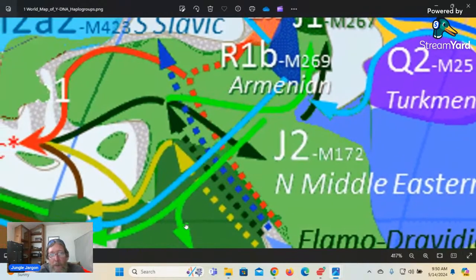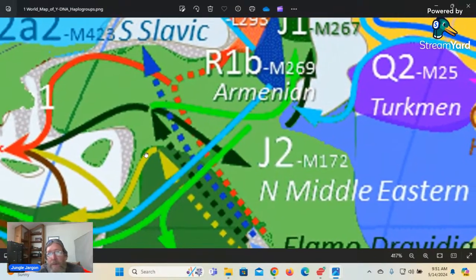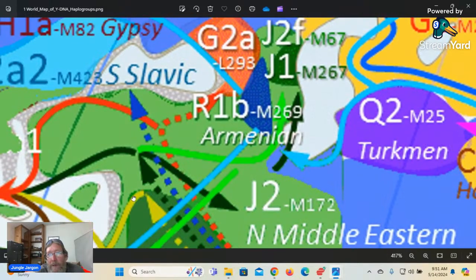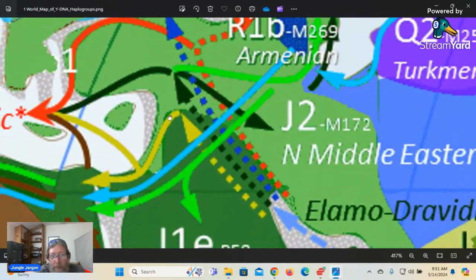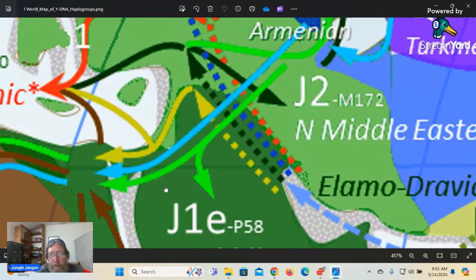But J2 is a very large population up in this area where the Israelites were scattered. So J2 is composed of several lineages, one of which is M172, which I believe to be the descendants of David and Solomon, because there's actually two divisions of that. I don't know which is which yet, but we can get into it, learn about it if we have time or care to find out.